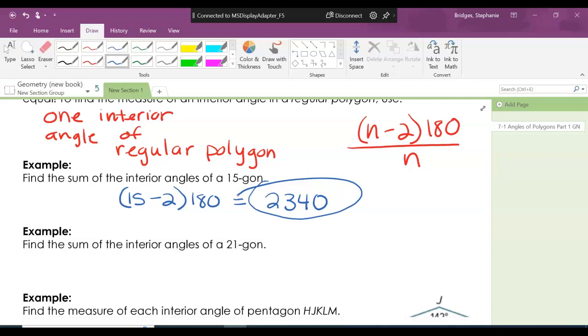Make a little bit of sense? It's just a formula you've got to use. Go ahead and do the second one. Find the sum of the interior angles of a 21-gon.